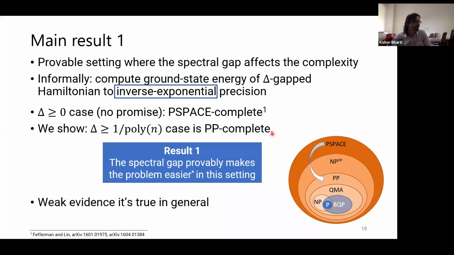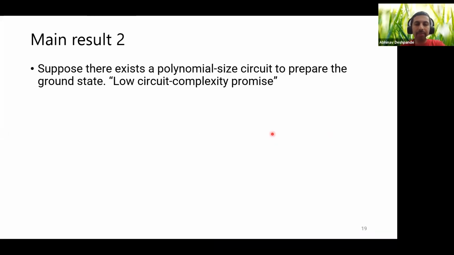Yeah, so our second main result concerns another structure you can add on to the problem. This is motivated by the following. Sometimes in physics, we look for ways of preparing ground states.